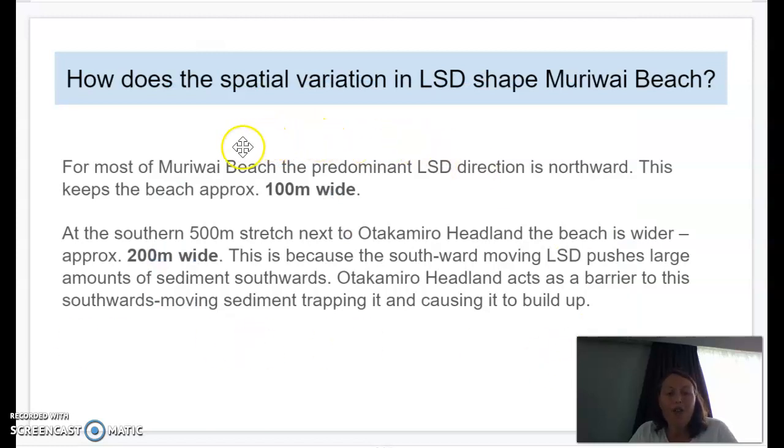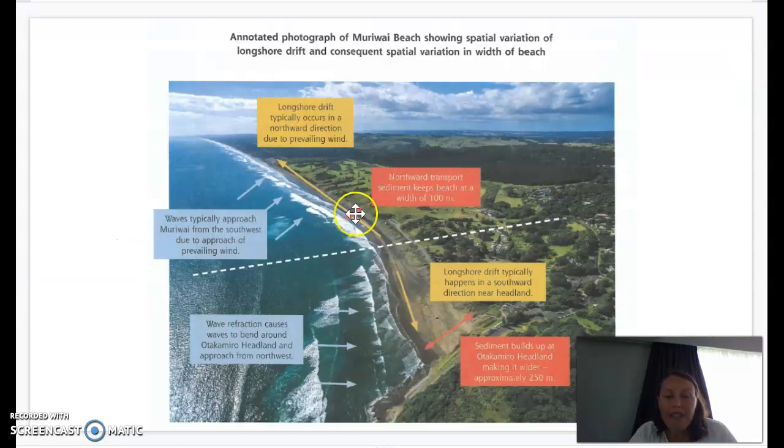So for most of Muriwai Beach, for around the headland, we'll have about 100 metres wide of the sandy beach, but down for the rest of it, so that northerly direction, we have a nice wide sandy beach, which also helps the growth of those sand dunes. This diagram here should hopefully explain what I've just tried to say.